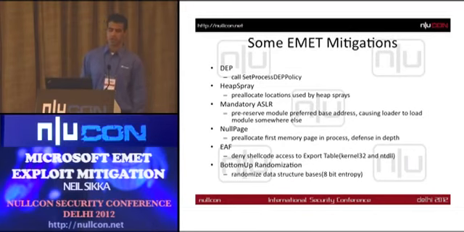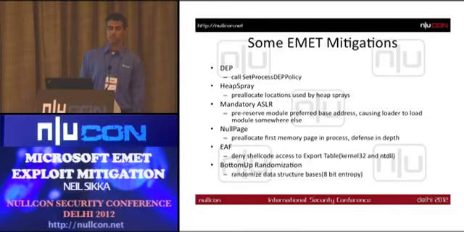We also have mandatory ASLR, where we pre-reserve module base addresses where they prefer to be loaded, and that causes the modules to be loaded somewhere else because of a collision in the virtual address space. We have the null page mitigation, which pre-allocates the first memory page in a process, and that's more of defense in depth right now. We have EAF, which is export address table filtering.